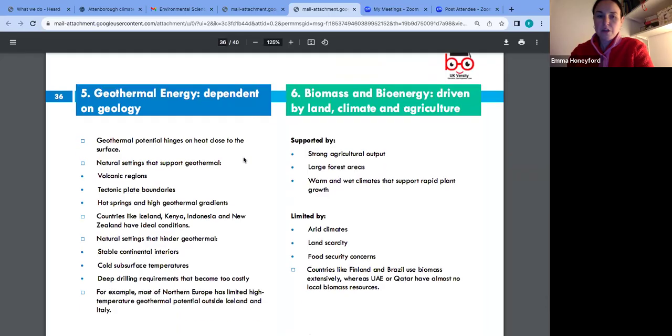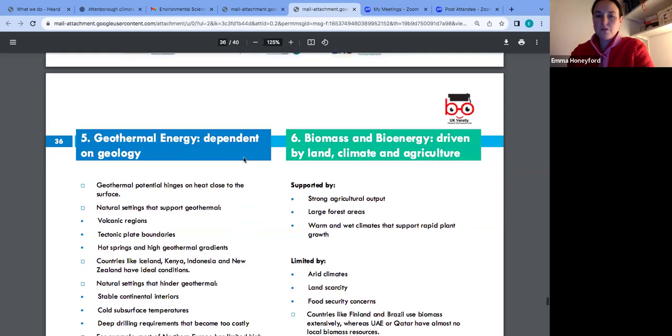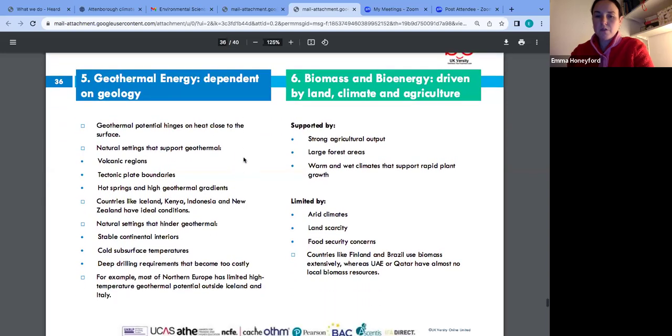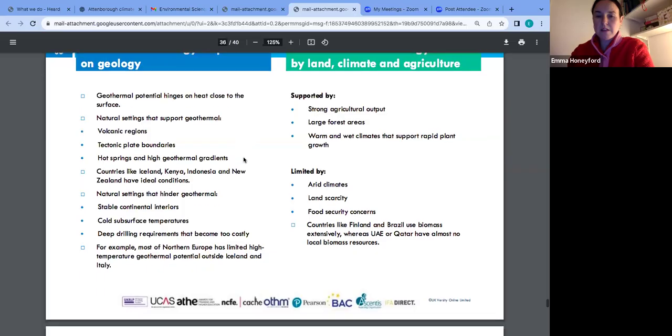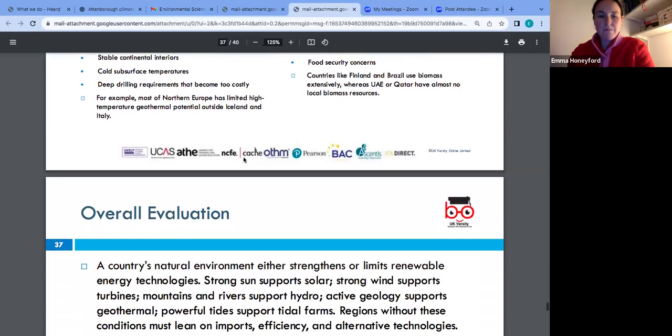You've got geothermal energy there as well, dependent on geology. Biomass. They're completely different in terms of how the geography limits them, and the natural settings can limit or drive their development.